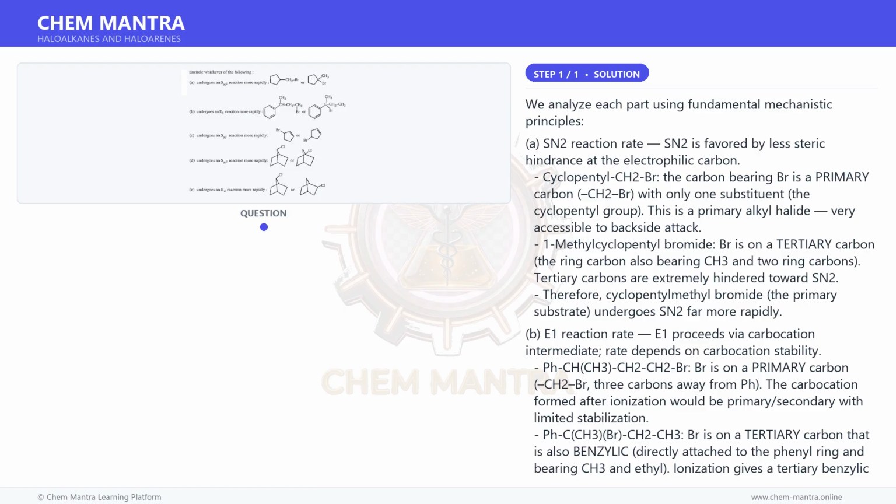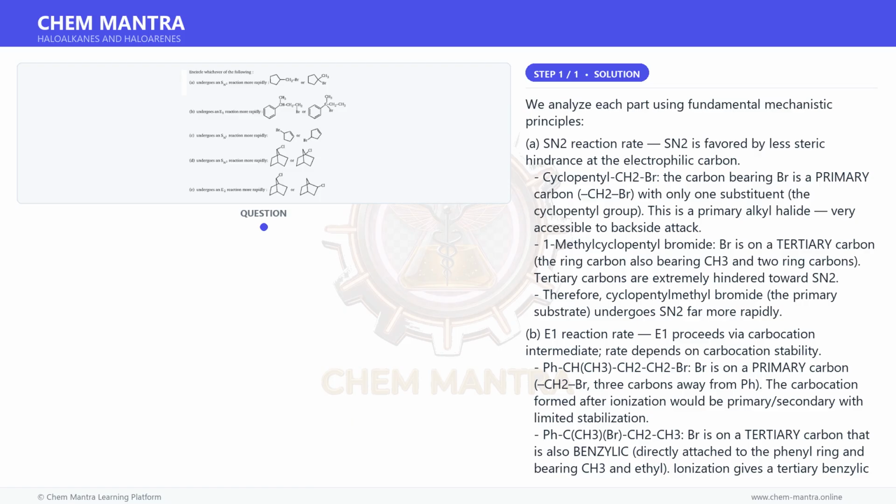D. SN2 reaction rate. Again, steric accessibility is key. Both substrates are chloronorbornanes, bicyclo[2.2.1]heptane framework. The first structure has Cl at the C7 position, the 1-carbon bridge, the methylene bridge at the top of norbornane. C7 is a secondary carbon, but it sits in an accessible position with relatively less steric crowding compared to the bridgehead-adjacent endo position.